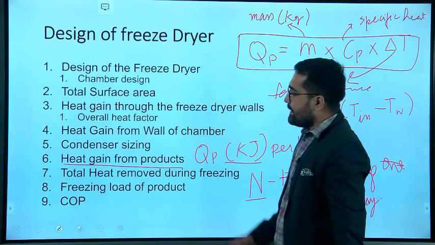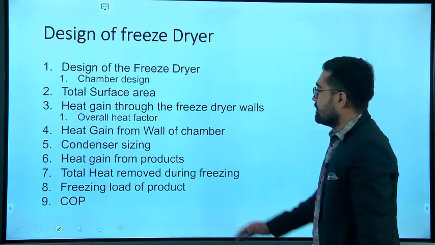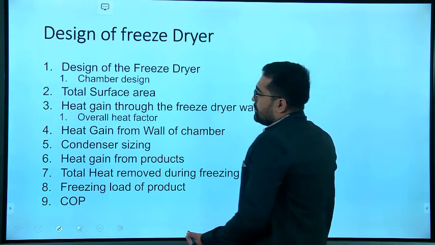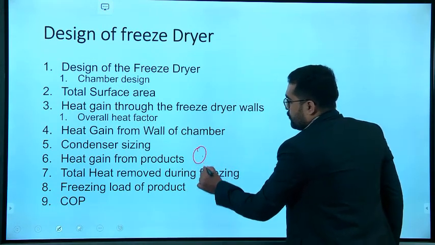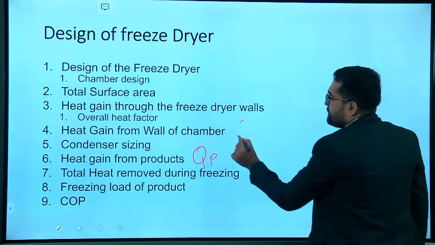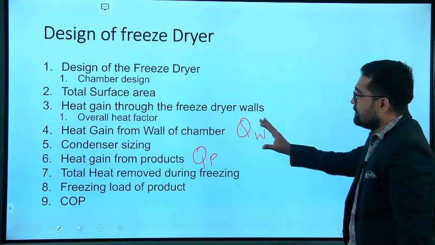After the heat gain of the product, we will find out the total heat removed during freezing. This is QP. Another heat is QW, which is from the wall.